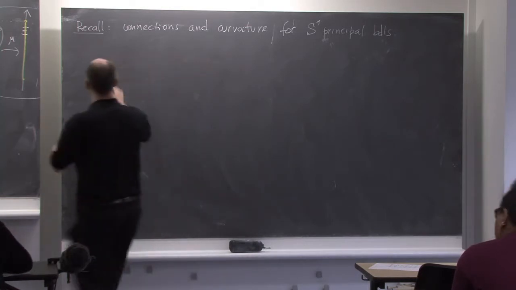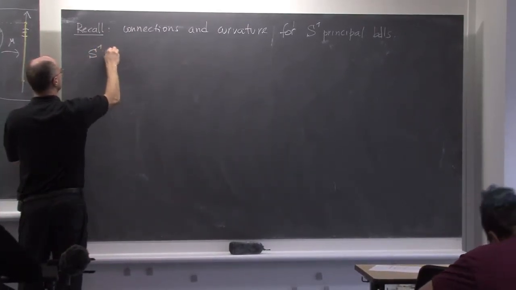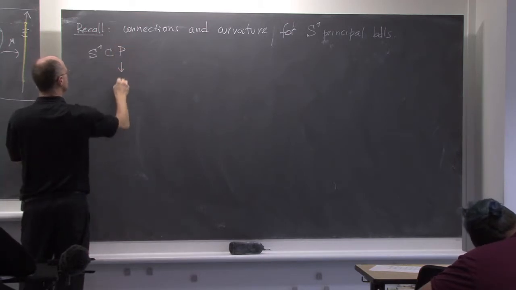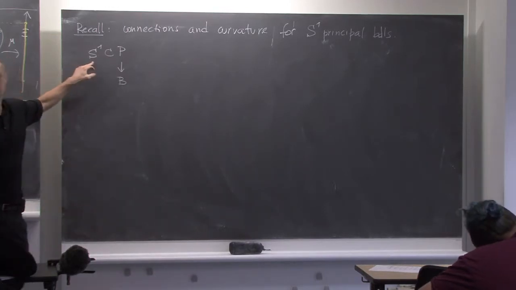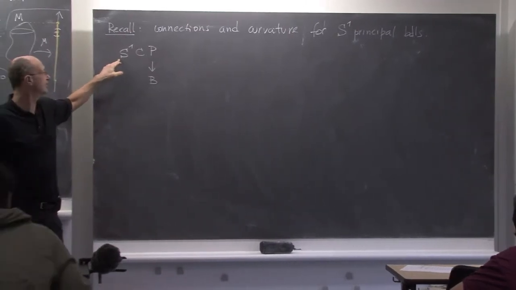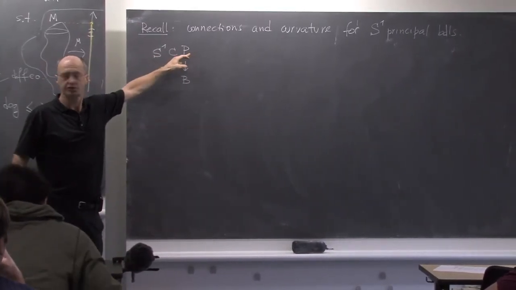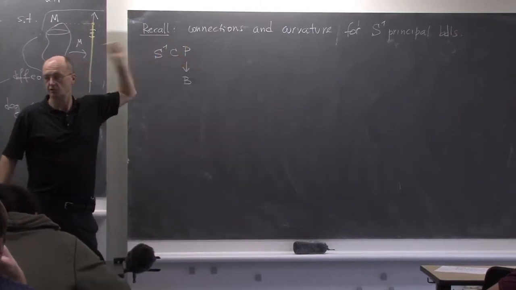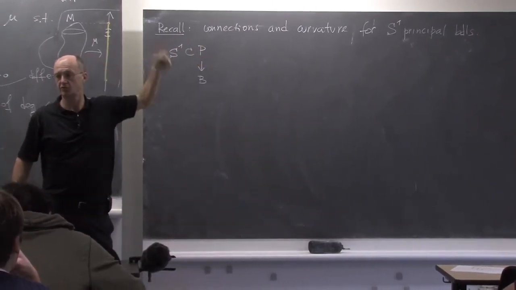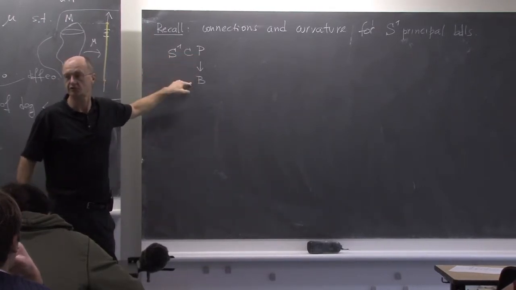So let's say we have an S1 principal bundle. Recall that basically in our context this just means that we have a free action of S1 on P. So then there is a nice quotient space, and actually using our normal forms theorem around the orbits, we know that it's locally trivial.